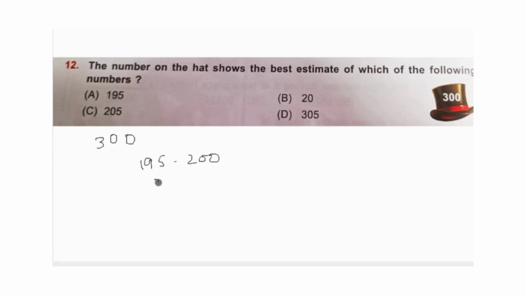For 20, the closest estimate is 0. For 205, the closest estimate is 200 again. Option D is 305. The closest estimate is going to be 300. So based on the given number on the hat, the closest estimate is option D, 305.